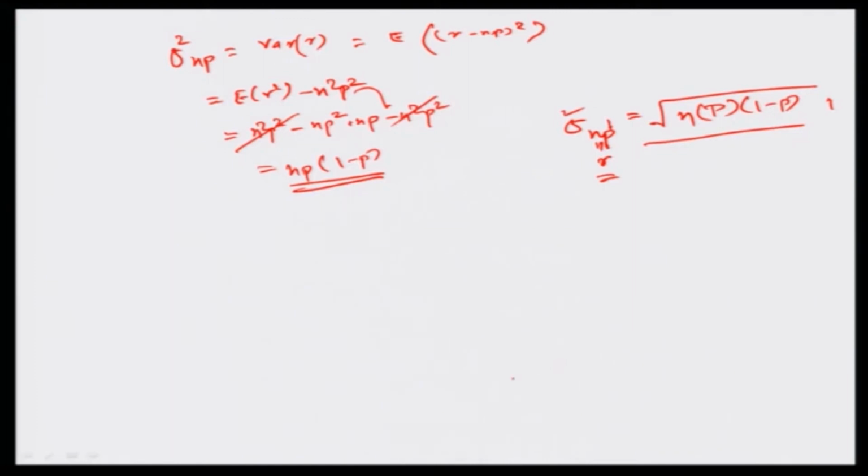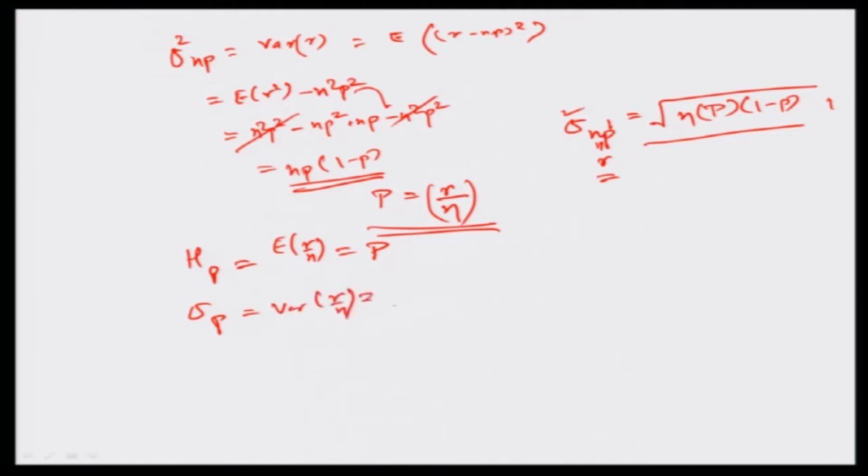So, if we are talking about a case where, let us say, you had a variable which related to the term p itself, p being equal to the number of rejectables by n, and you wanted to calculate the mean and the sigma, that means the mathematical expectation mu p of p, as well as the sigma of p, this would be written down simply as 1 by n times the expectation of r, which is n p, and the variance in the same manner can be written down as p times 1 minus p by n.